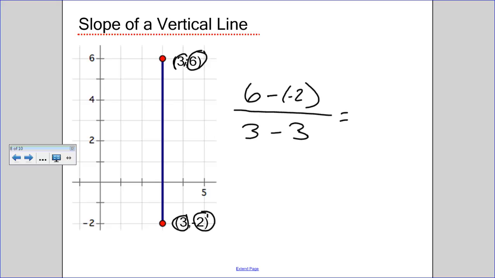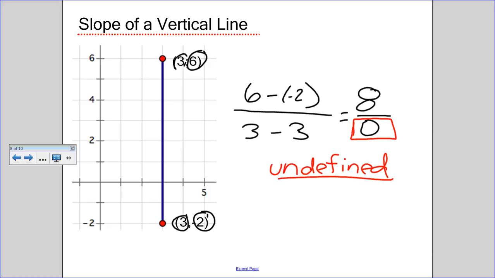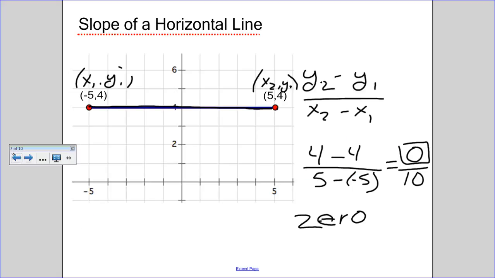If we simplify this fraction, we would get 6 minus -2, or 6 plus 2 is 8, and 3 minus 3 is 0. Now this is a big flag. When we see 0 on the bottom of a fraction, that means that it's undefined. We cannot have 0 on the bottom of a fraction. So the slope of a vertical line is undefined, and the slope of a horizontal line is 0.